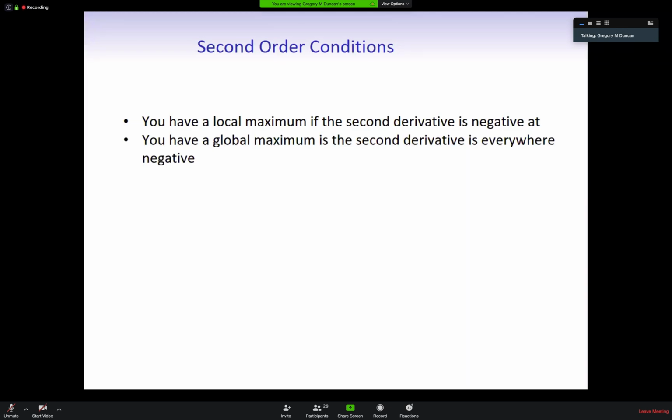Such a function is called concave. And we'll spend a lot of time talking about concave and convex functions, if for no other reason than that when we work with neural networks, they are horribly non-concave or non-convex, depending upon whether you're looking for a maximum or a minimum.